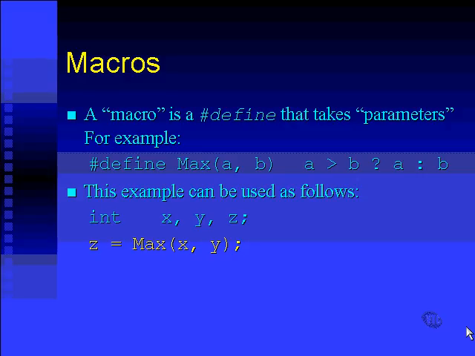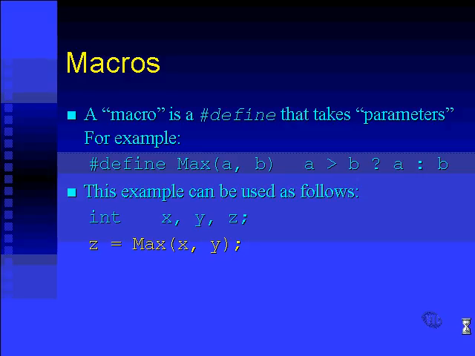Except that everywhere you won't actually have the a's and b's, you'll have x's and y's. It's kind of magic. Because a is the first parameter and b is the second parameter, we're using that macro definition with x and y. So x and y will be substituted into that particular formula, so it will read x is greater than y, question mark x colon y.